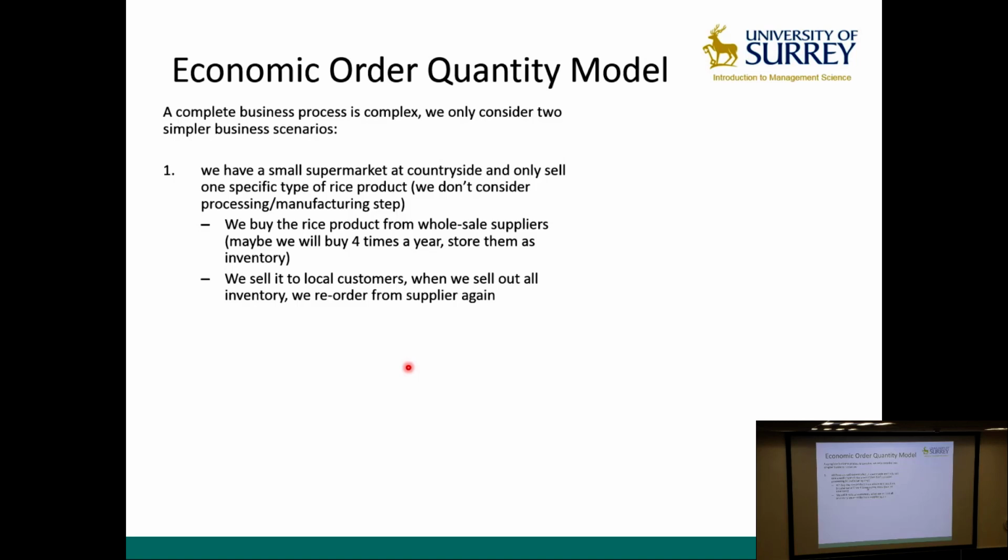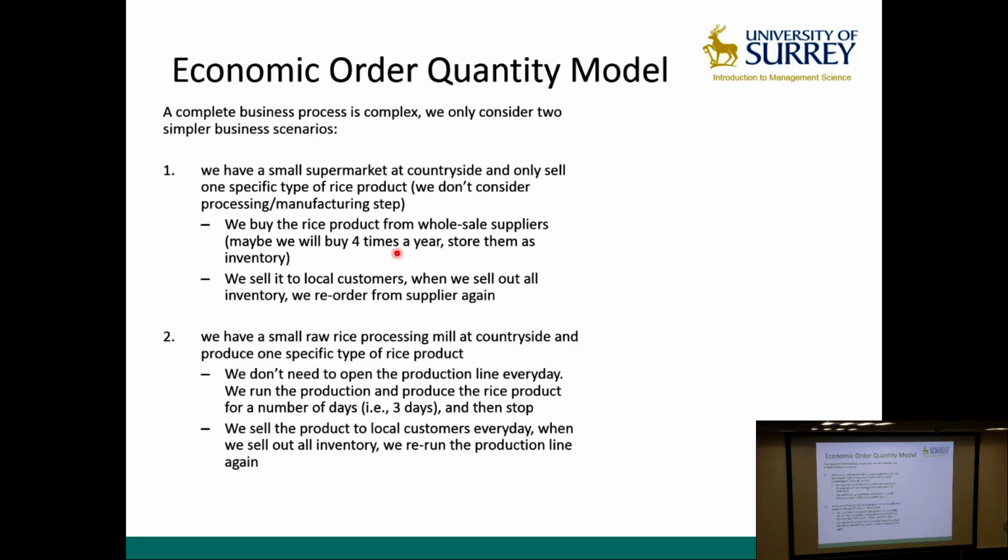Okay, so the second one is, what if we are running a production line? We don't consider the raw materials, we just consider production lines. We produce something and sell it to our customers. This is another scenario. Basically they are pretty similar, but when we do production, we can always open our production line as we like, so we hope to find an optimal way.